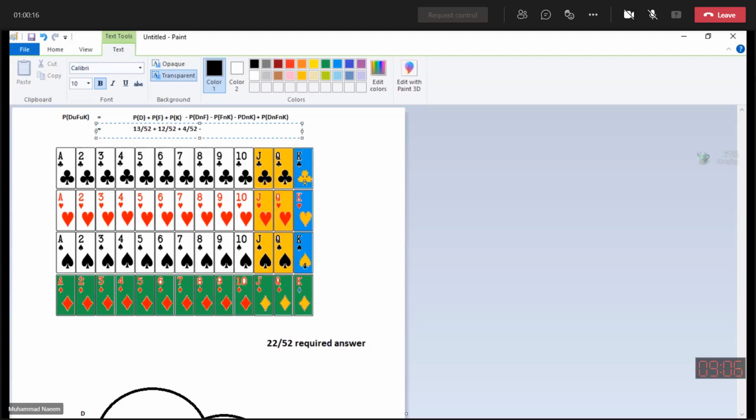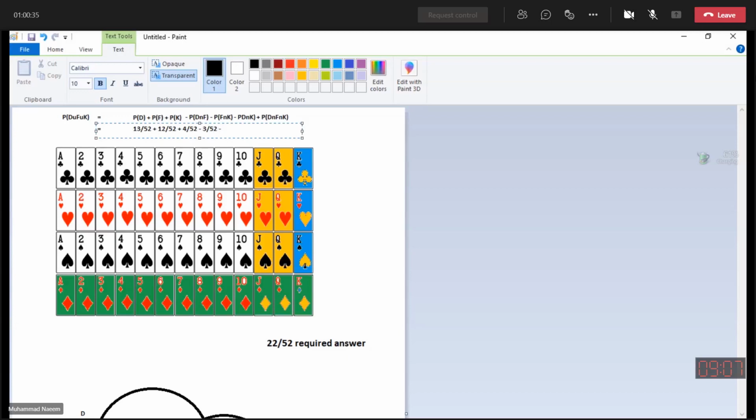The first intersection is of D and F. D and F, these three elements. So 3 by 52.